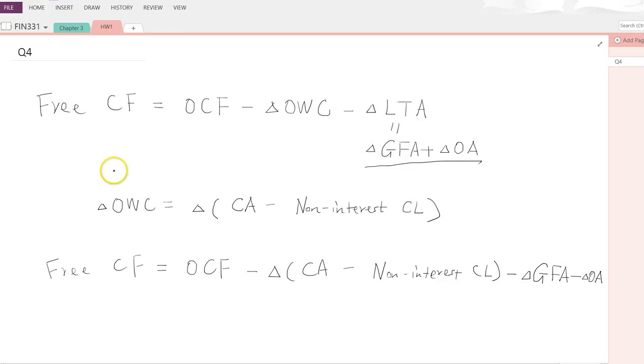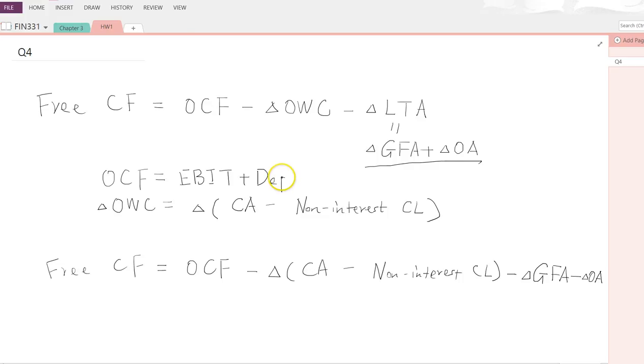And further, let me write down here, operating cash flow equal to EBIT, earnings before interest and taxes, plus depreciation.